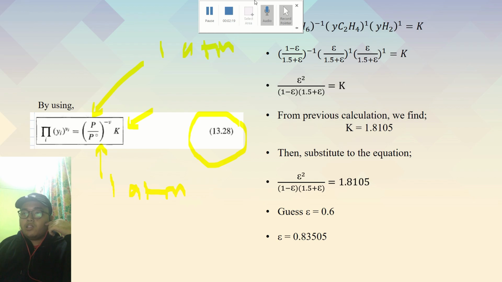After we simplify, we get this kind of equation.